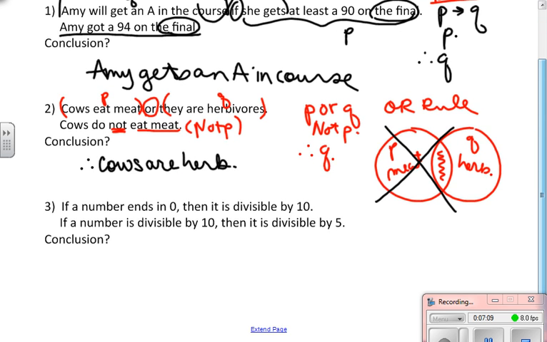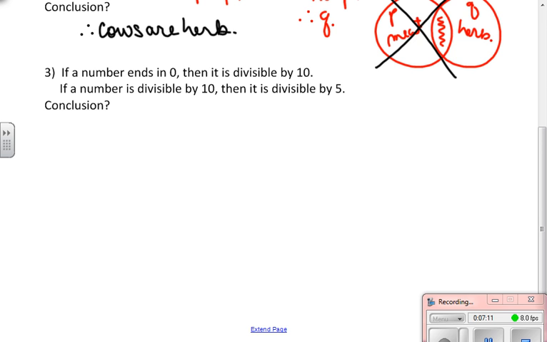Now this last example, as soon as I see two statements, I start thinking chain rule, and I'm going to assign a letter to each part. If a number ends in 0, there's my P, then it is divisible by 10, there's Q. If a number is divisible by 10, there's Q again, then it is divisible by 5.